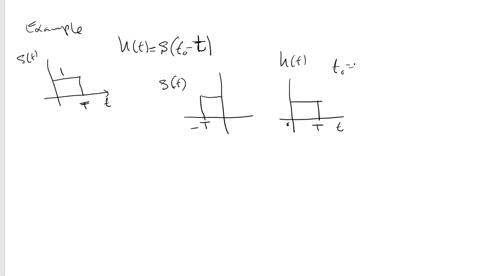It means I put t0 equals T. So this is the signal and this is the filter.